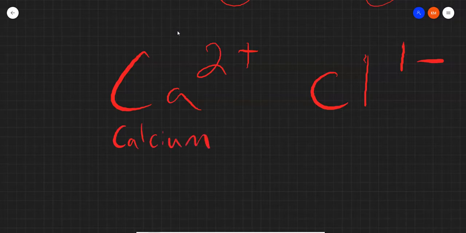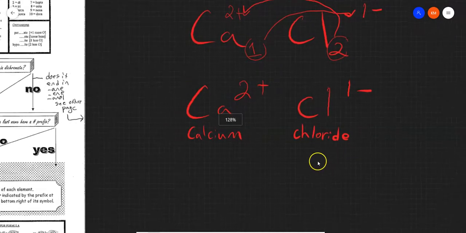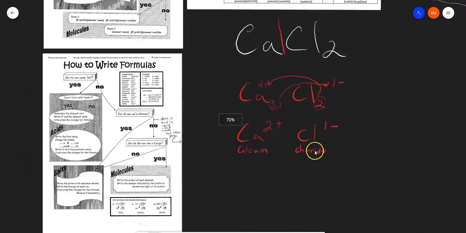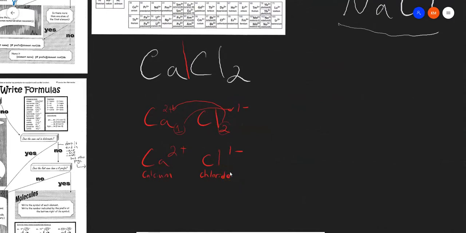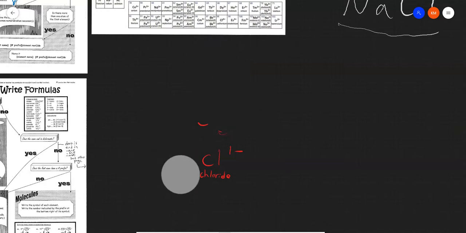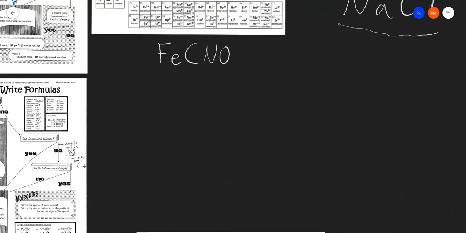And then we know Cl1 minus is chloride. So calcium chloride. Good job. Okay, so let's do one that is not so simple. Okay, let's do this one.